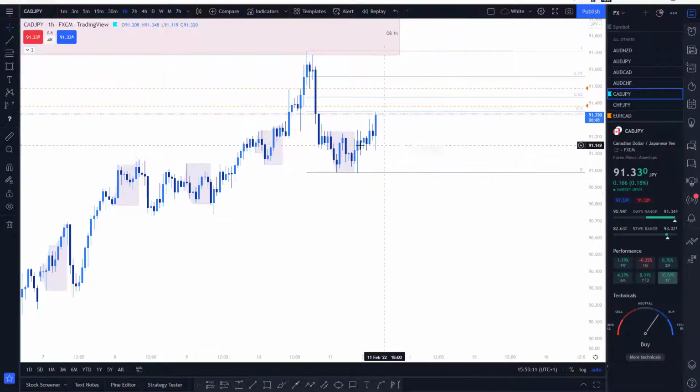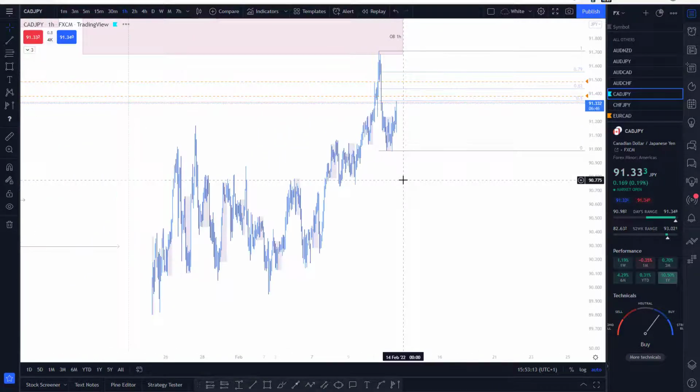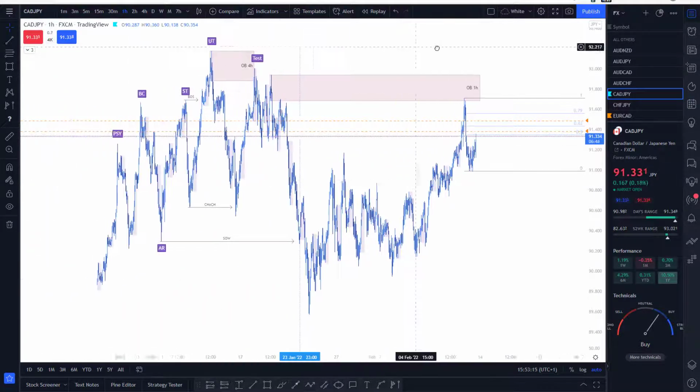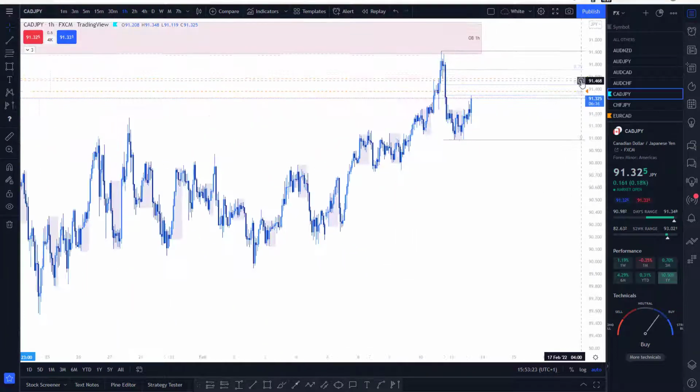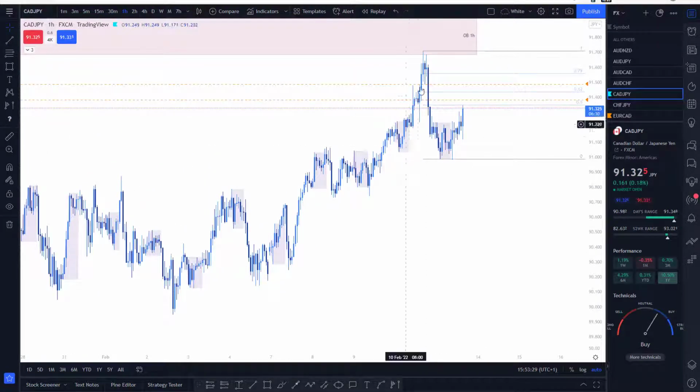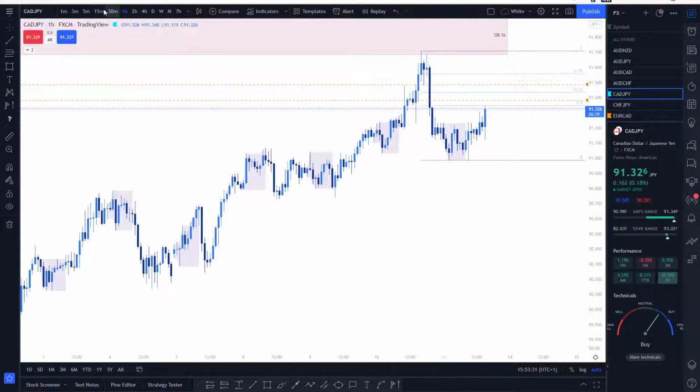So not hit yet, and yes, there's this Wyckoff. We tapped into this 1 hour OB, and there is a slight change of character on lower time frames, of course.